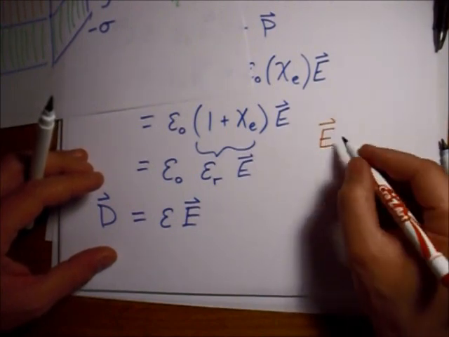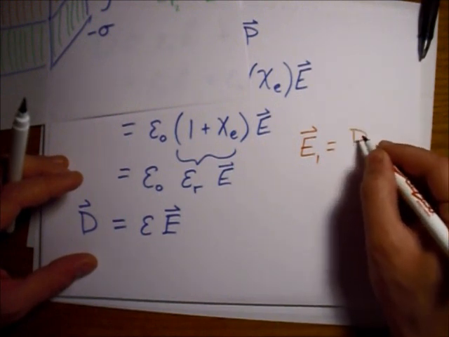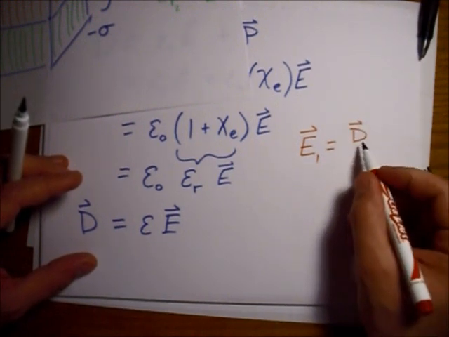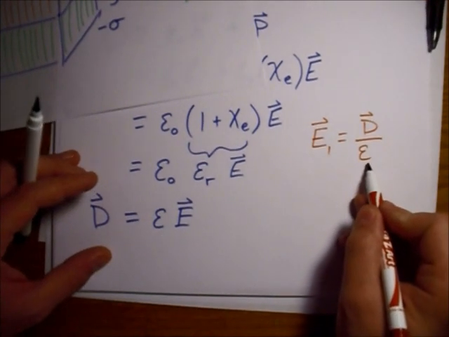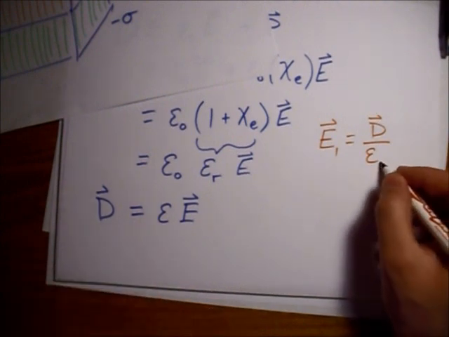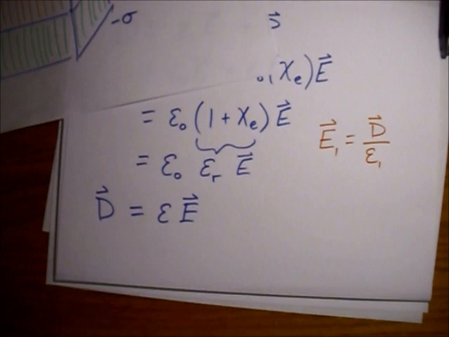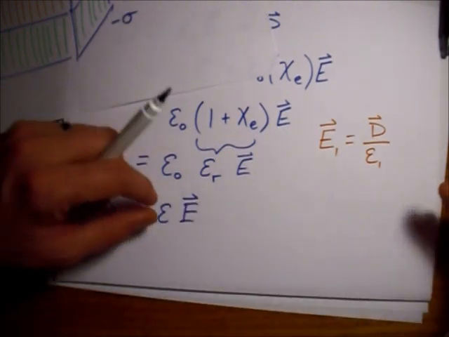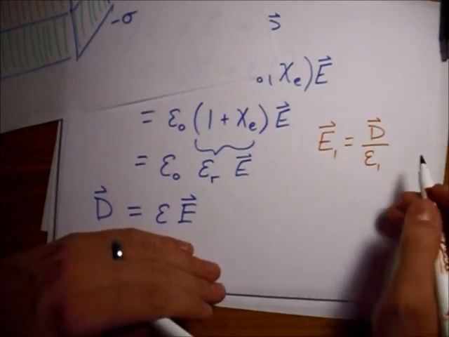All right, E, and we'll put a little subscript 1 on it, right, is equal to this displacement divided by the permittivity, just this right here, except we'll call that permittivity 1. There's a gajillion different subscripts for these epsilons, so it's kind of hard to keep them all straight, but we'll try and do that.